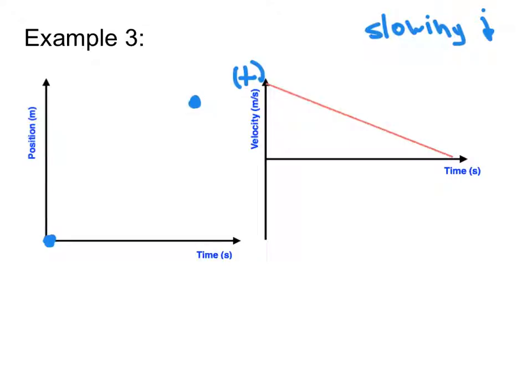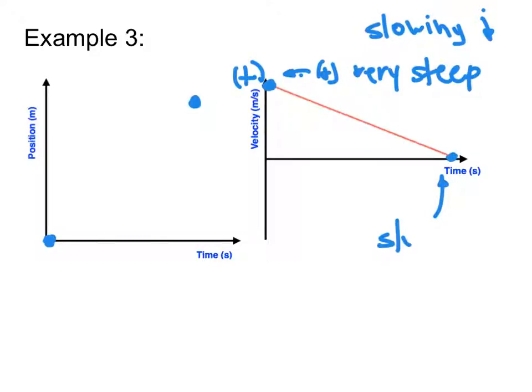So first up, we've got a velocity that's positive, and it's also very steep. Okay, and we end with a velocity of 0 because the slope is 0.